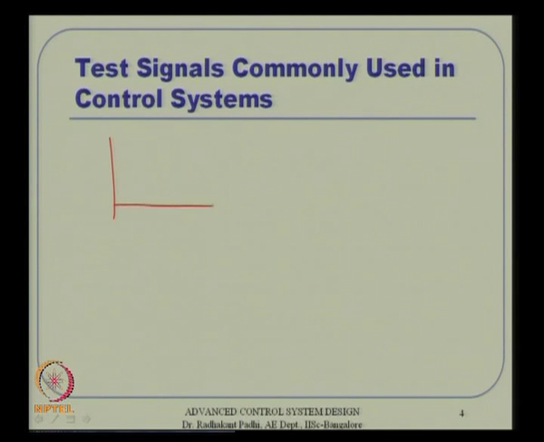The common test signals used in control systems, as we know, are as follows. First, a step input, with f of t just a constant number, and typically this is a unity step input.